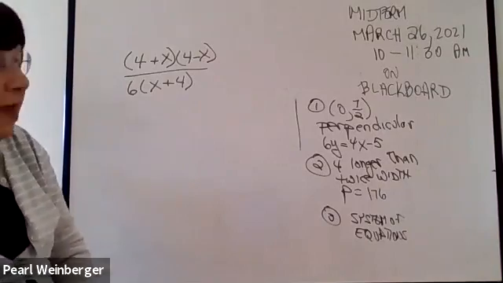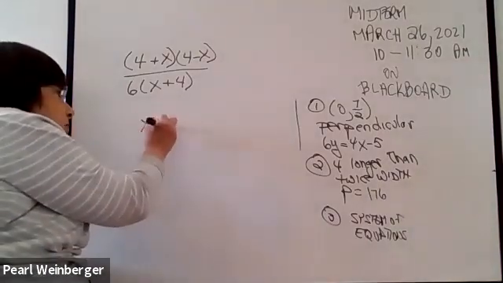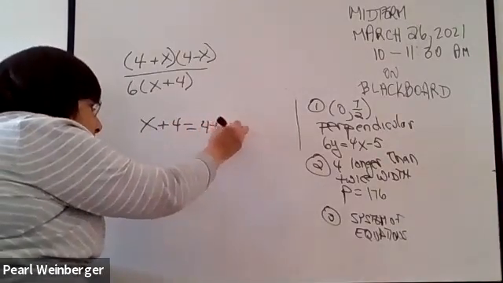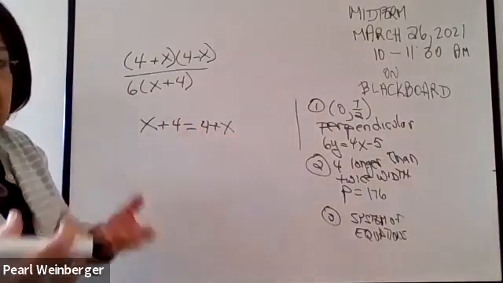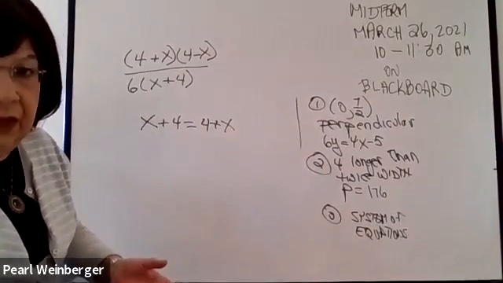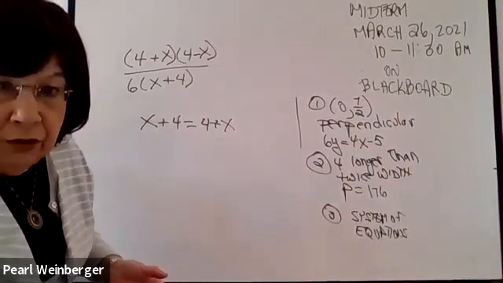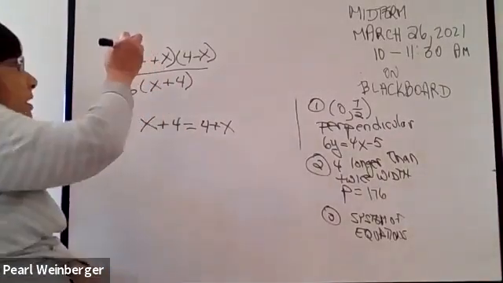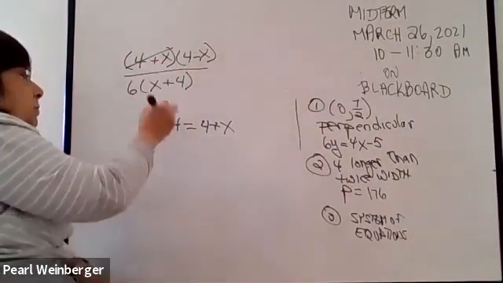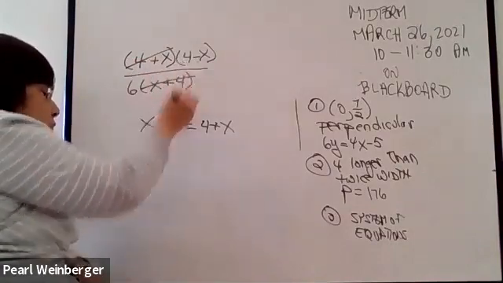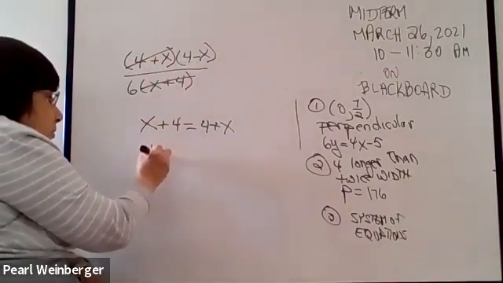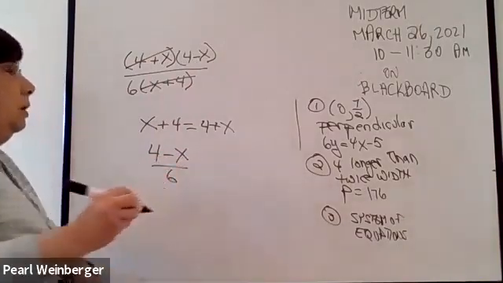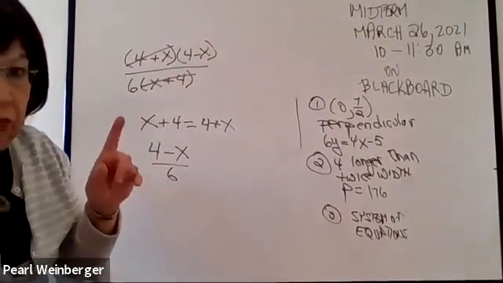And of course we can, because x plus 4 means the same thing as 4 plus x. When you change the order in which you're adding, you don't change the value. So therefore, I could cancel out this 4 plus x with the x plus 4 and get my answer as 4 minus x over 6. So there's exception number 1.